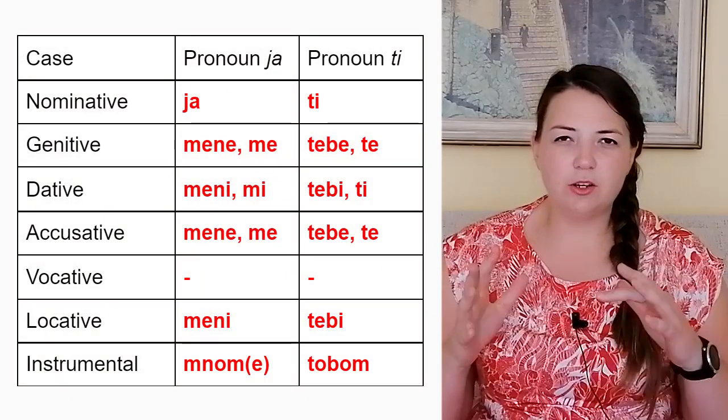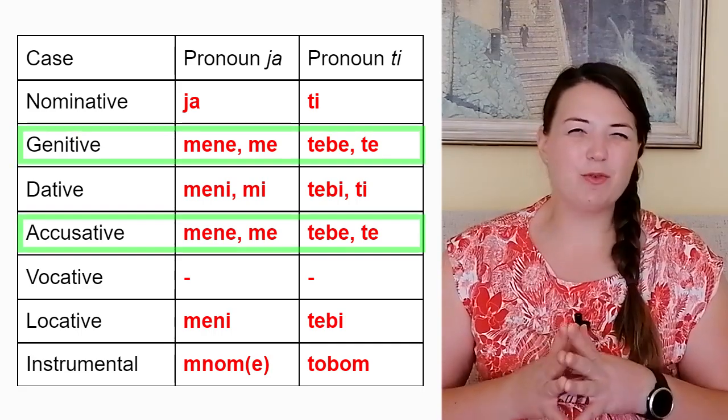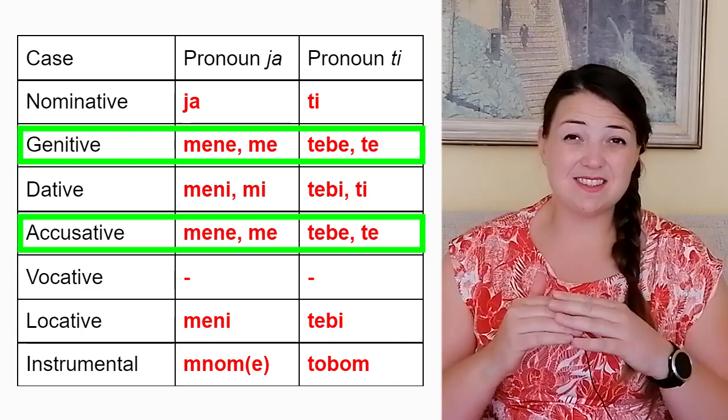But before we go further, I would like for you to look at the form of each personal pronoun, ja and ti, through all the 7 cases. So let's look at the screen here. You can already notice 2 things. You can notice that some pronouns have the same form for different cases.